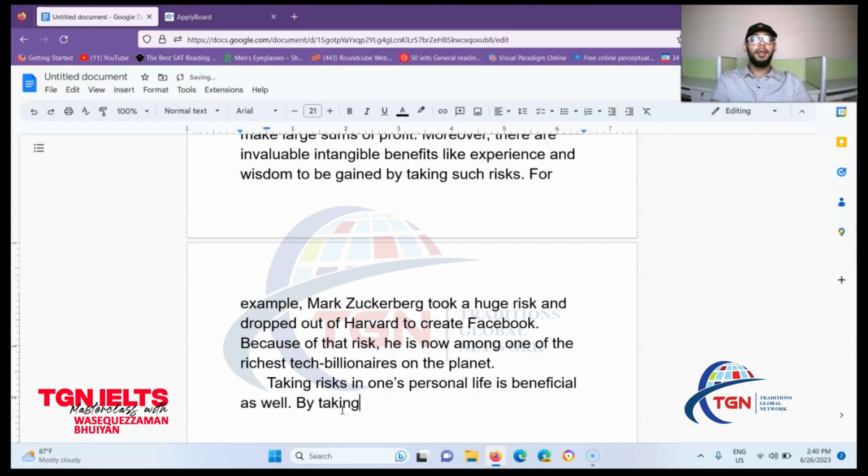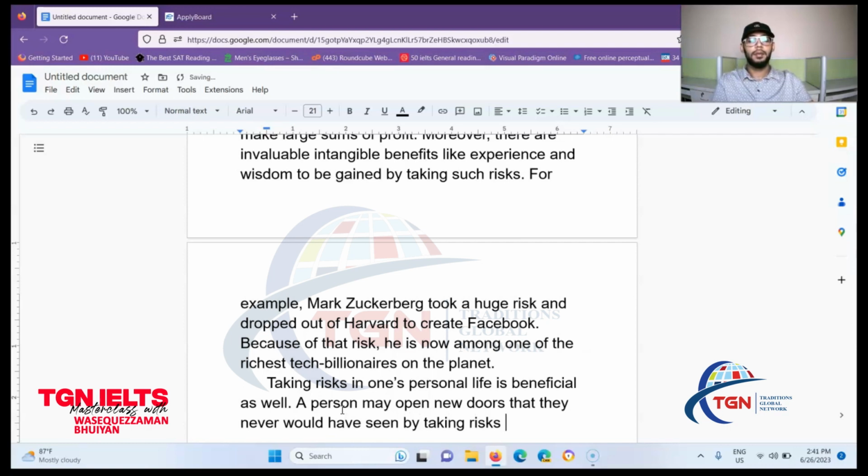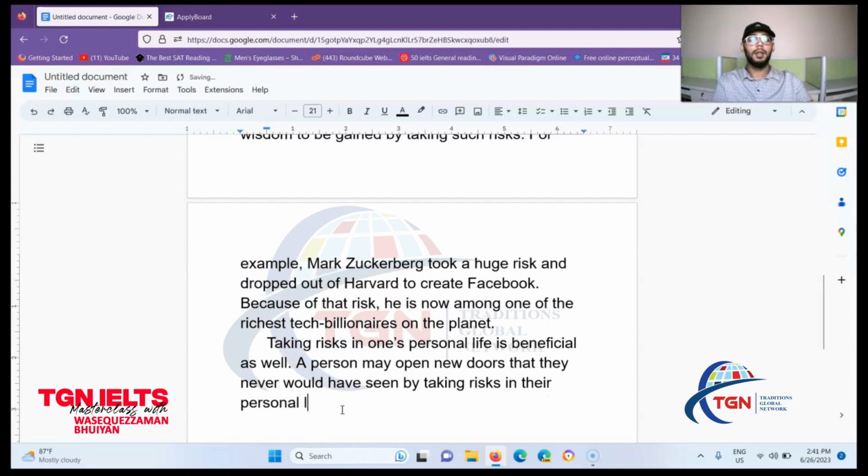A person may open new doors that they never would have seen by taking risks in their personal life.